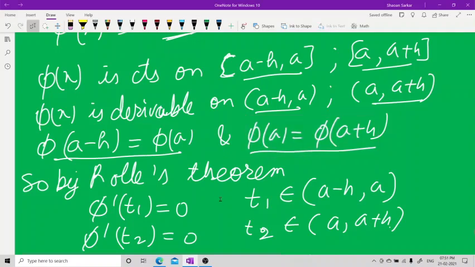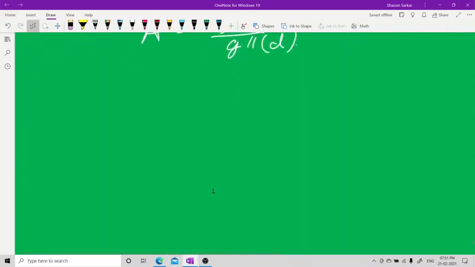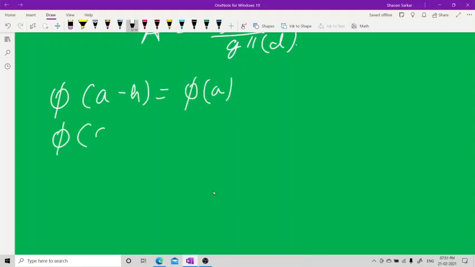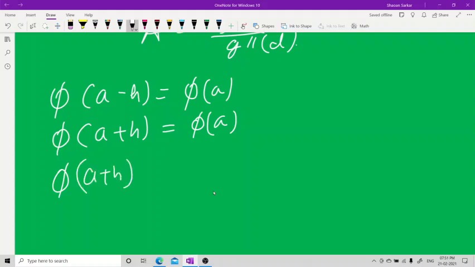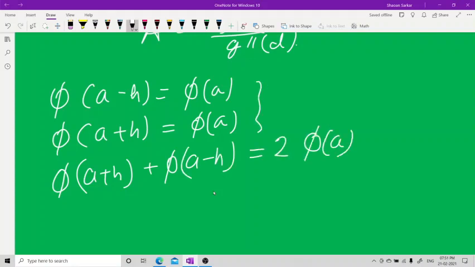Now I will use this. I can say phi of a minus h is equal to phi of a, and I have said phi of a plus h is equal to phi of a. So adding, phi of a plus h plus phi of a minus h is equal to 2 times phi of a. Now what is phi of x?